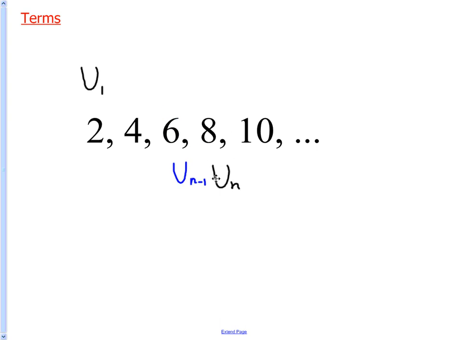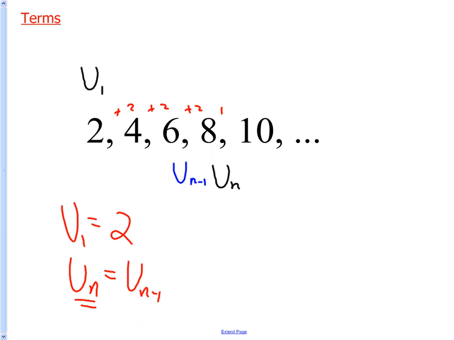So here is the official way we would write this sequence. We'd say u sub 1 is 2, as in the first term is 2. And u sub n, any random term, can be given by u sub n minus 1, which means any random term except the term right in front of it. It's the term right in front of this one. And then we do whatever we need to. In this case, we're adding 2 each time, right? That's called the common difference.